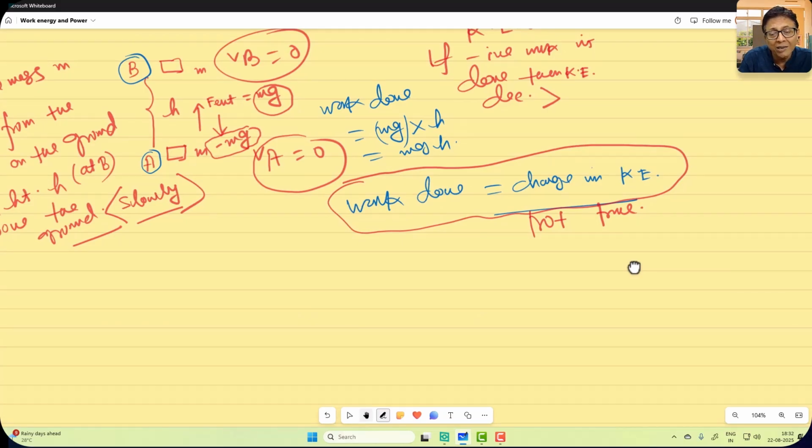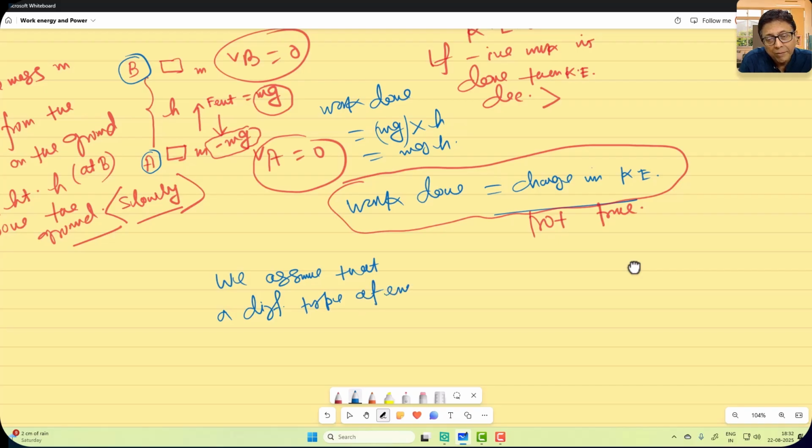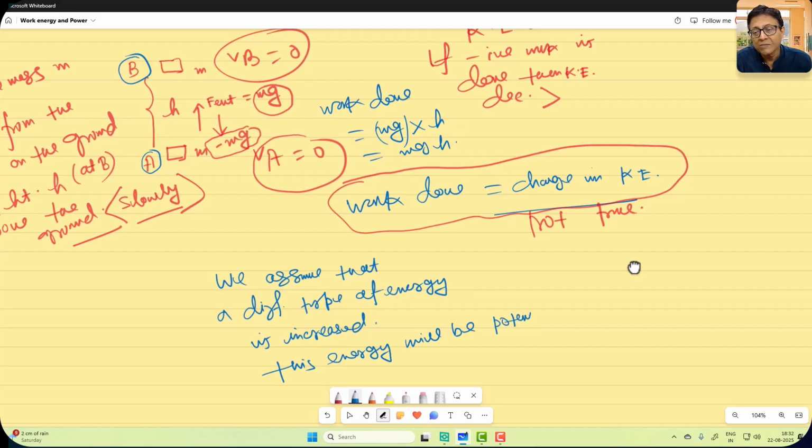We assume that a different type of energy is increased. We will refer to this energy as potential energy.